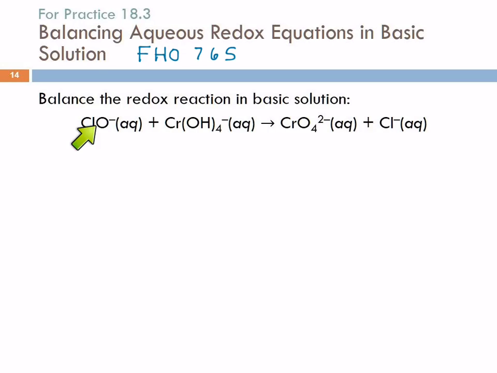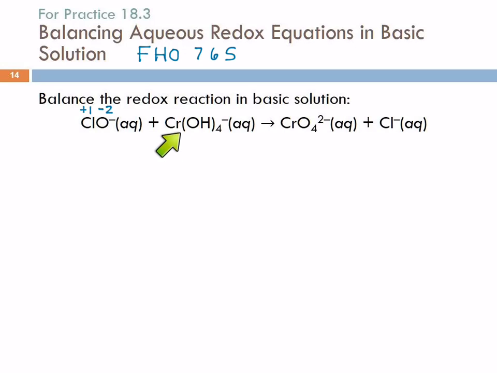So oxygen comes before chlorine in priority. So the oxygen gets to be what it wants to be, which is -2. I think of the nonmetals as wanting to have an oxidation state equal to their charge as a monatomic ion. So that's why I'm saying oxygen wants to be -2. So if oxygen's -2, then the chlorine must be what? +1.